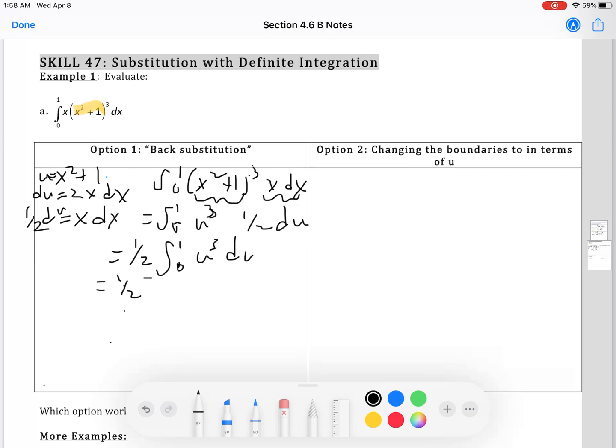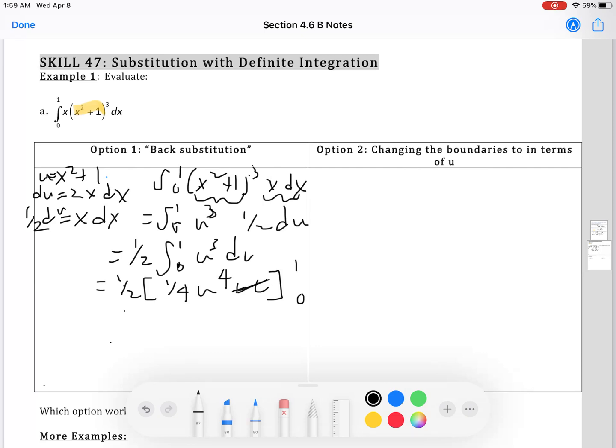Now remember, when we're performing the antiderivative, we're technically adding a plus c in there. But when we're evaluating limits of integration, that plus c goes away, because you have the 1 stuff that you plug in, and then you subtract the 0 stuff that you plug in, so you get a plus c, then you're subtracting the plus c, and it goes away.